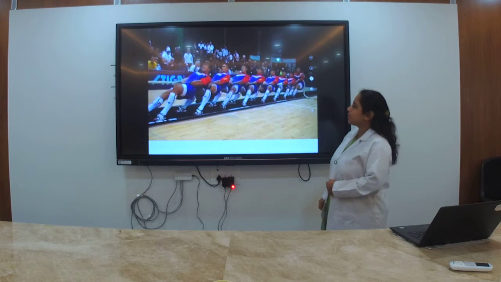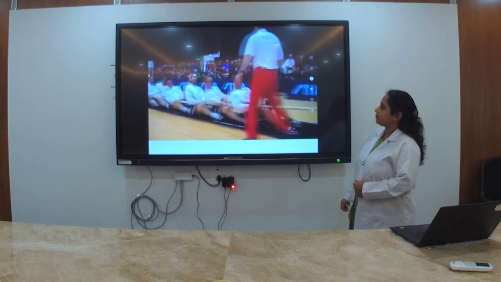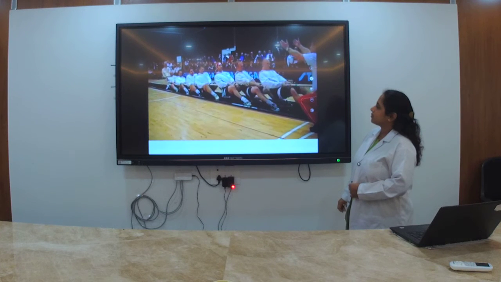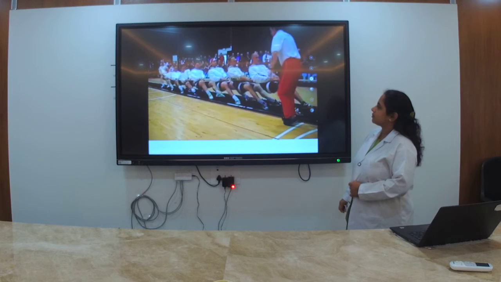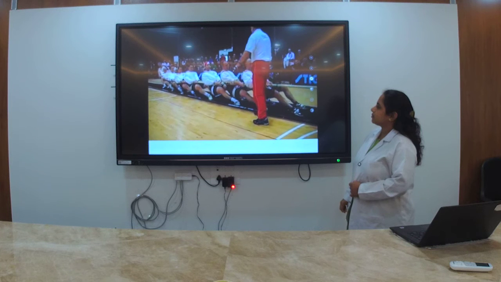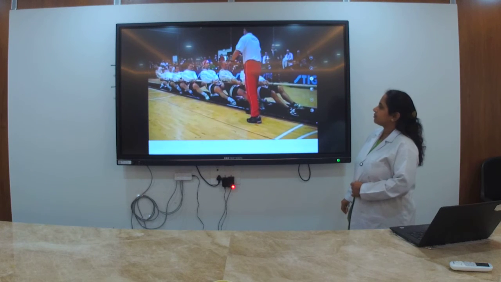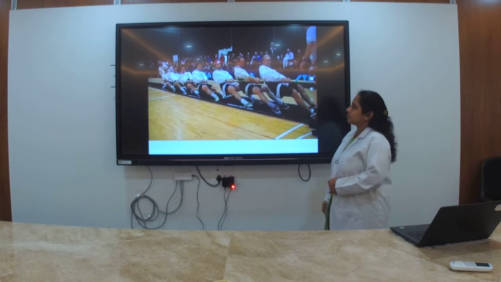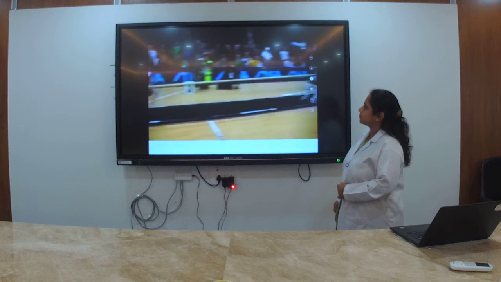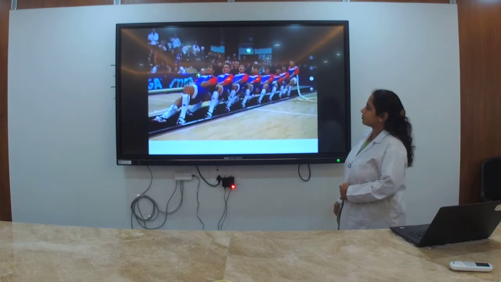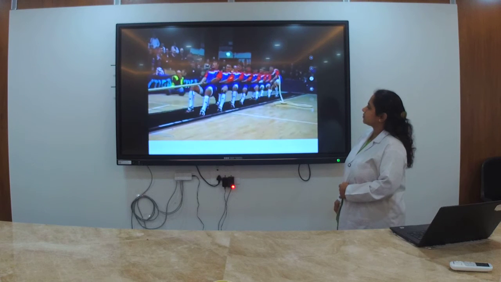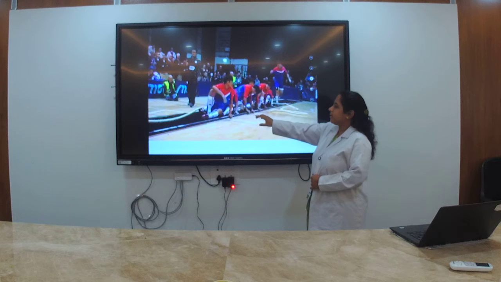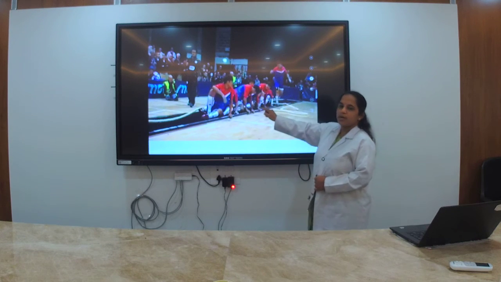Still the forces are in balance. Then one team is the winner and there is an unbalance of forces, and this is nothing but the law of acceleration.